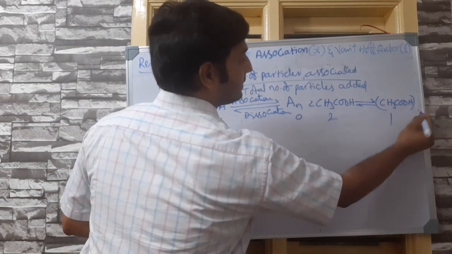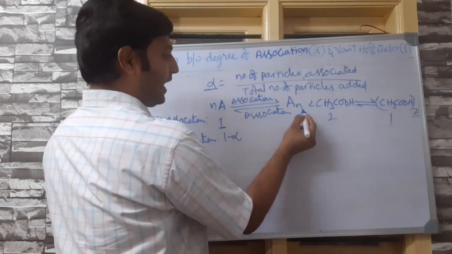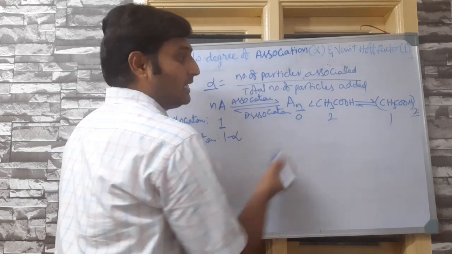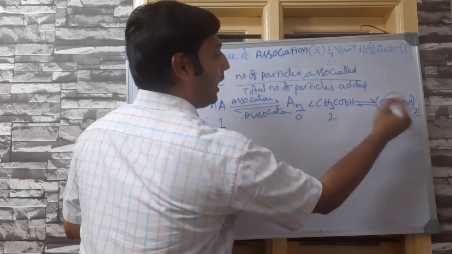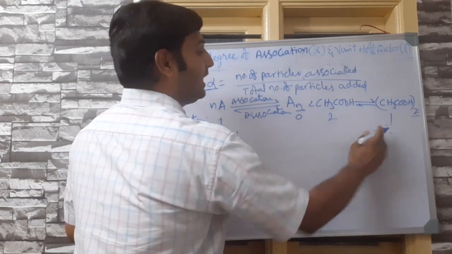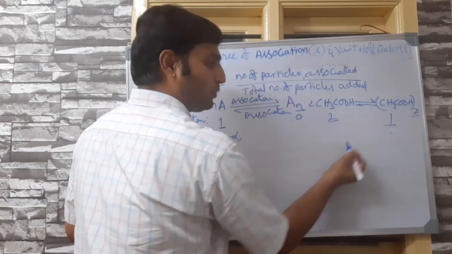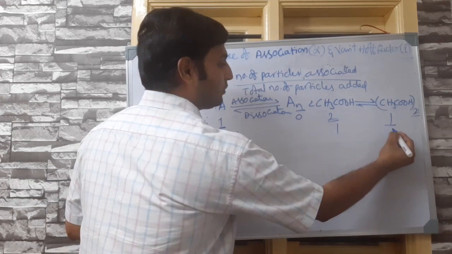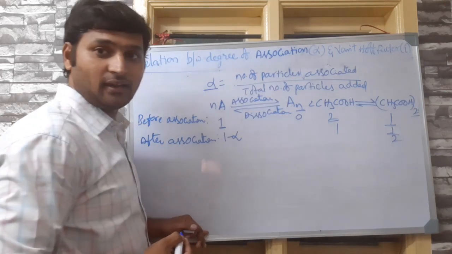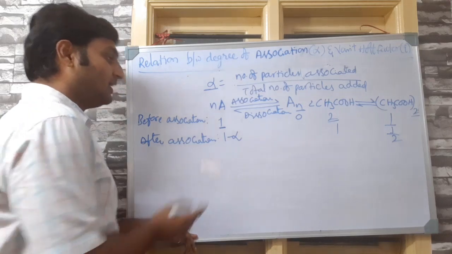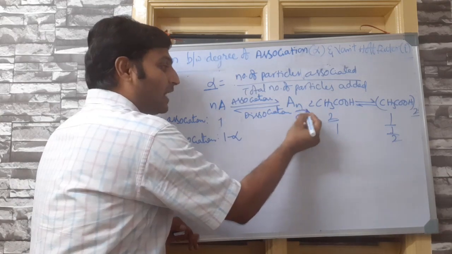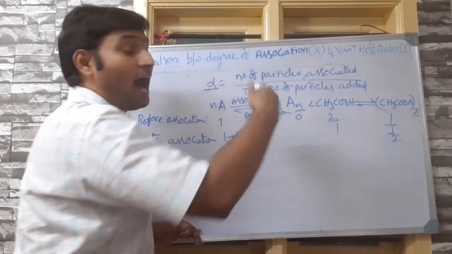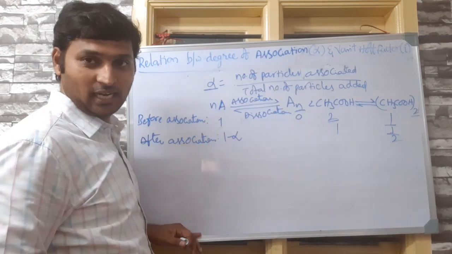Here it is 2. Here we took this value as n. That means if I start with 2 particles, I am left with 1 particle. If I start with 1 particle, I am left with half a particle. That means the number of particles with which we started, divided by n, will be the particles formed after association. Hope you understand that.